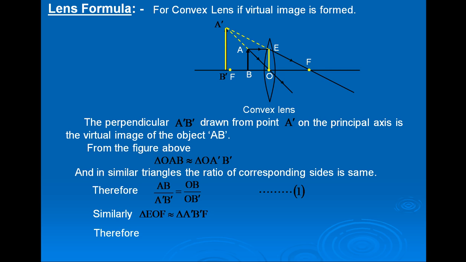Therefore, EO upon A dash B dash is equal to OF upon FB dash.